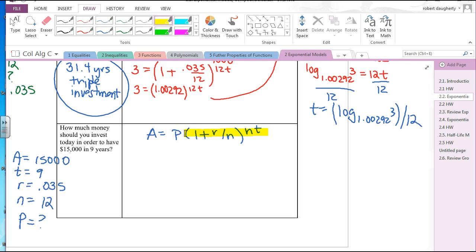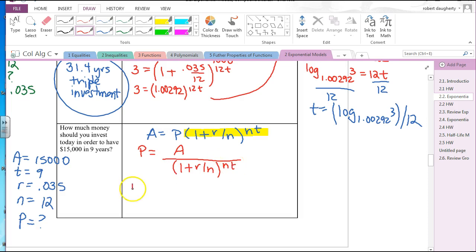Dividing it on both sides. Come on, guys. How do you get P by itself? Divide by all of this, okay? So P is going to be equal to A over 1 plus r over n to the nt, okay?